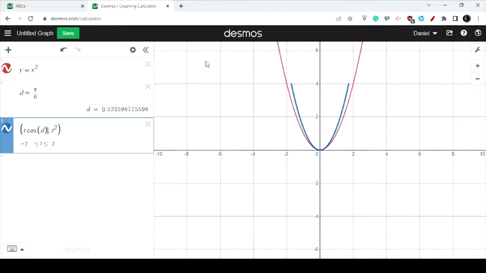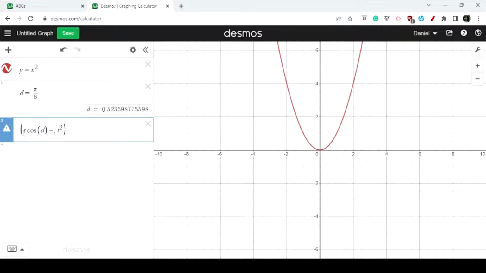And Desmos has reserved theta for polar equations, if I remember correctly, so that name was reserved. That's why I took the liberty to call it D instead.